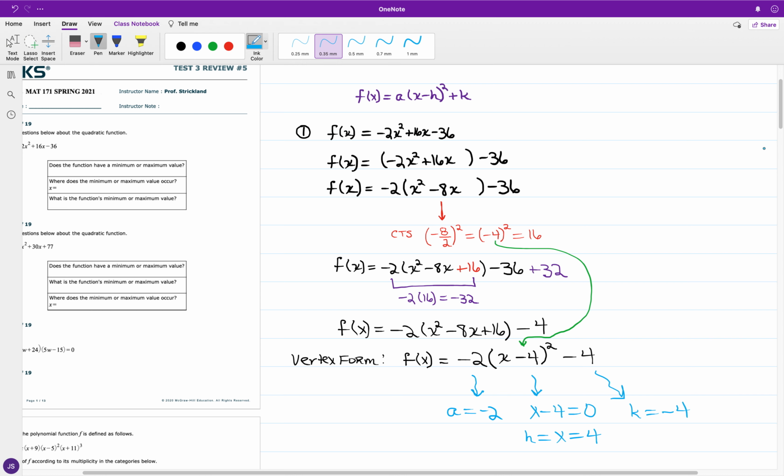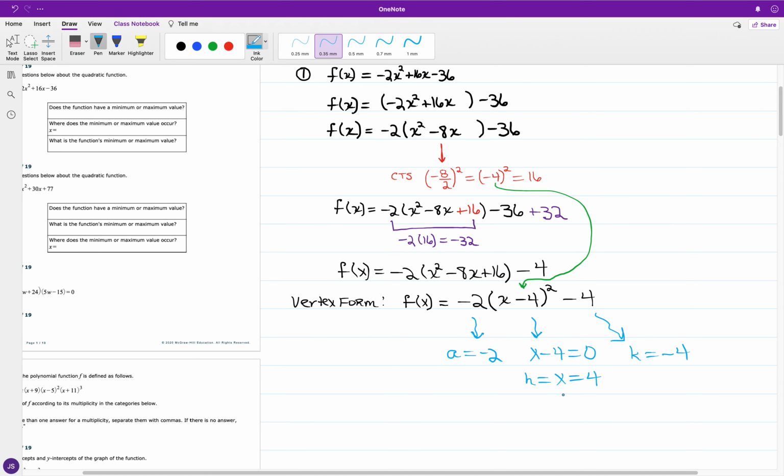Okay, and so just some details here. You've got your vertex, which is going to have the ordered pair (h, k), which specifically will be (4, -4). And just some details with regard to a: a is negative.